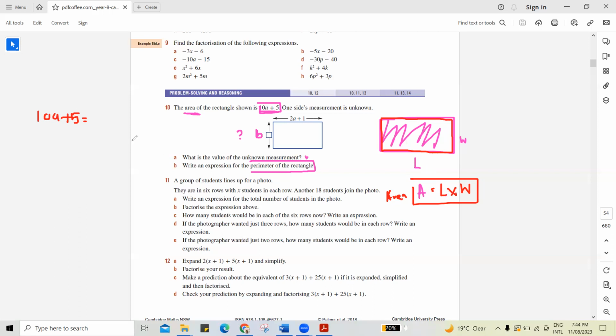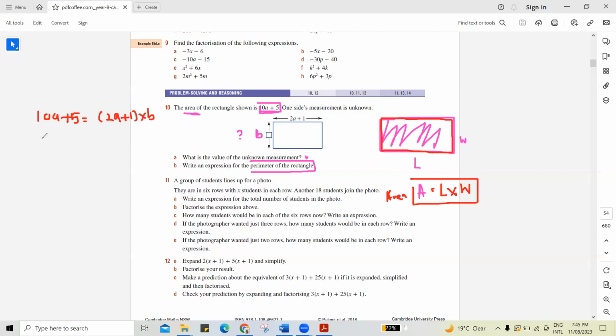Length, L. Yeah, it's very simple. This is L, this is L, right? 2a plus 1, that is L. I put the bracket because I'm going to times this number with this B, right? That's it.